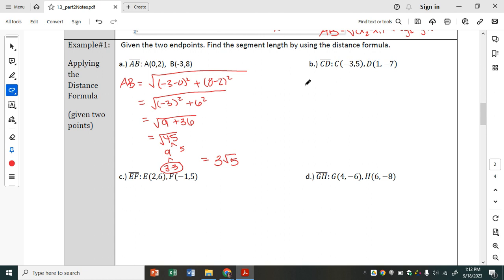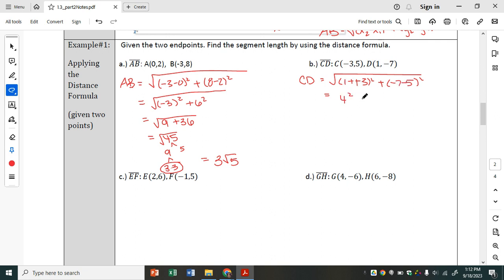Same idea on letter B. We're going to take the square root, and I'm going to start with my x's. I'm going to do 1 minus negative 3 squared. And then I'm going to do my y's, negative 7 minus 5 squared. That double negative turns into addition, so 1 plus 3 is 4 squared.